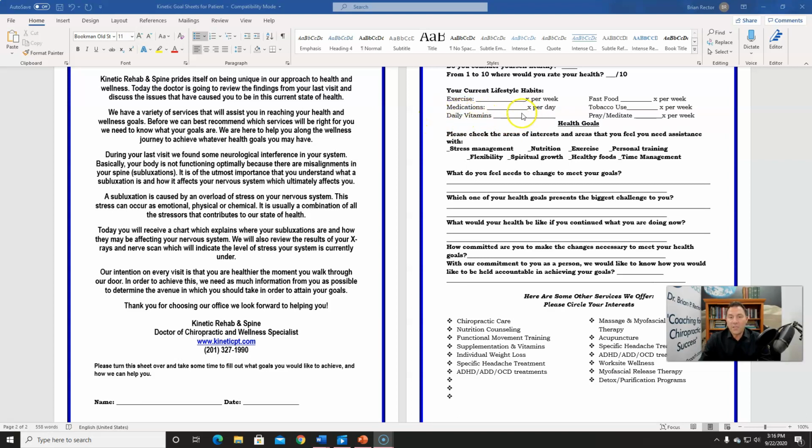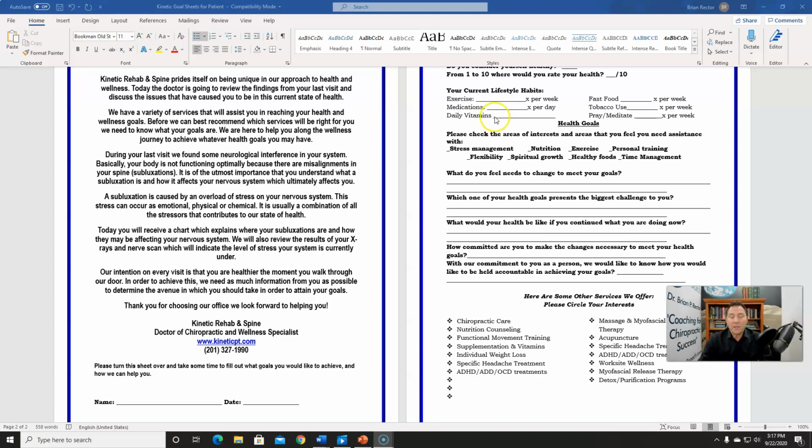And sometimes I'll say 0. So this might bring up a conversation of, I don't take any vitamins because I found them to be expensive. Then I'll ask, well, if you had a vitamin or nutritional support that was affordable to you, would that be something you'd be interested in?